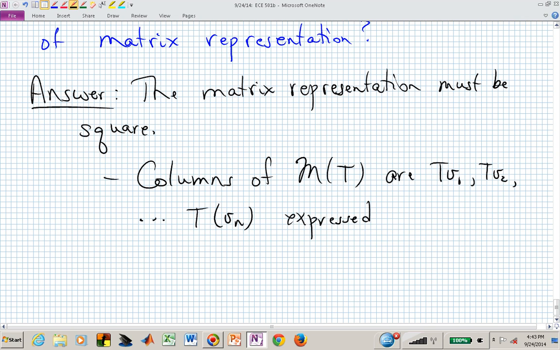So those are expressed in terms of w1, w2, let's say w sub m.